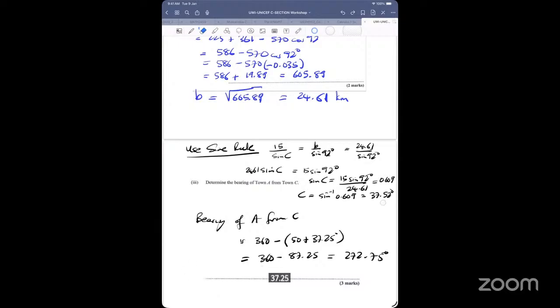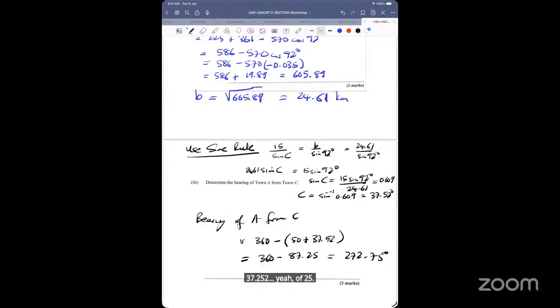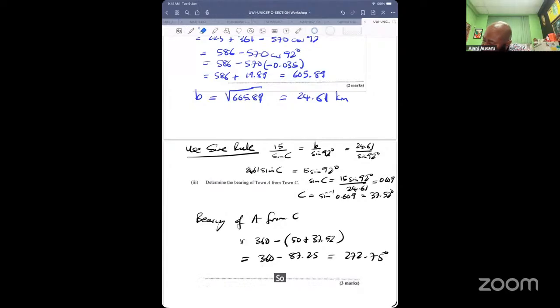I have 37.252, so this should be 5.2. Yeah, correct. So this is 5.2, so that won't be 75. That would be 52, 48, right? Degrees. Yeah, 48 and 52. Okay, so that should be fine.